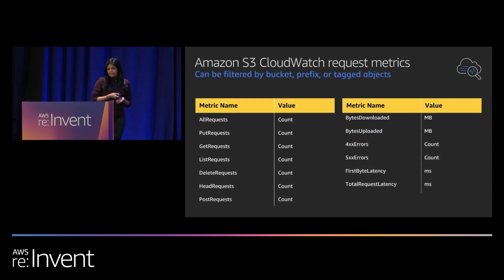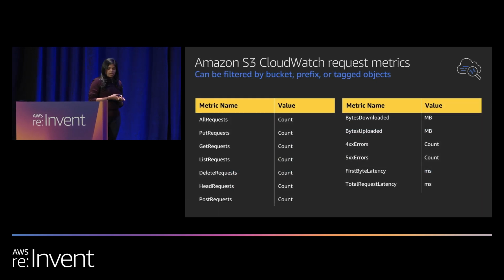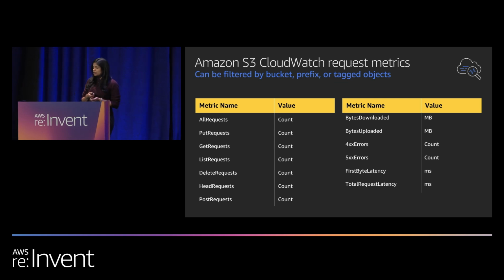The second in this category are S3 request metrics. S3 request metrics can be used to quickly identify and act on any operational issues. You can see a few examples here where you have operation counts by categories, how many put requests I had, how many get requests I had. You have bytes downloaded, bytes uploaded.